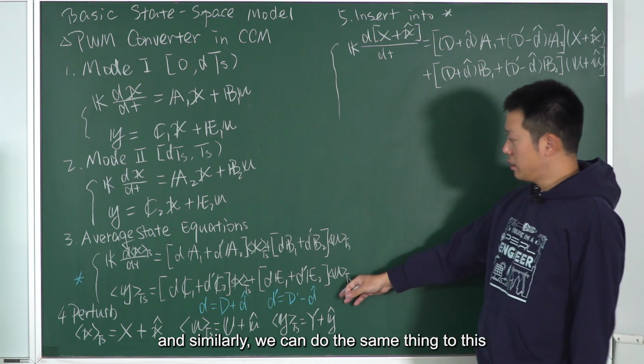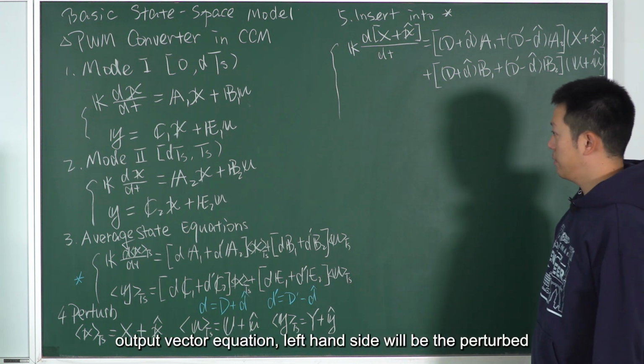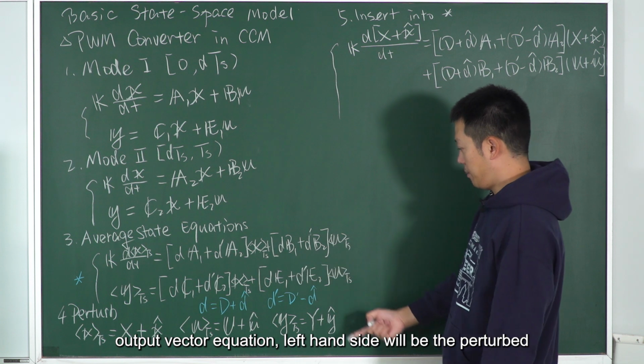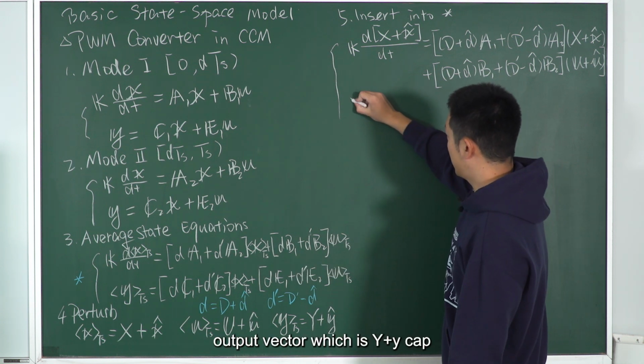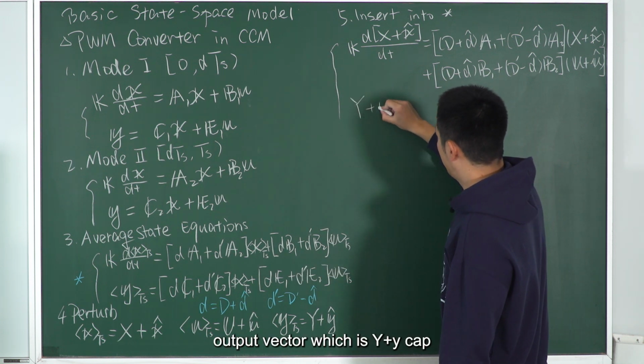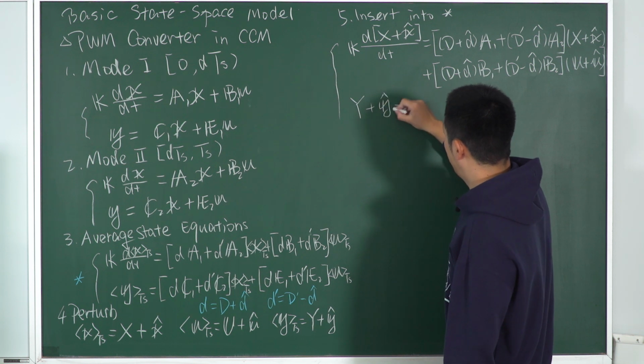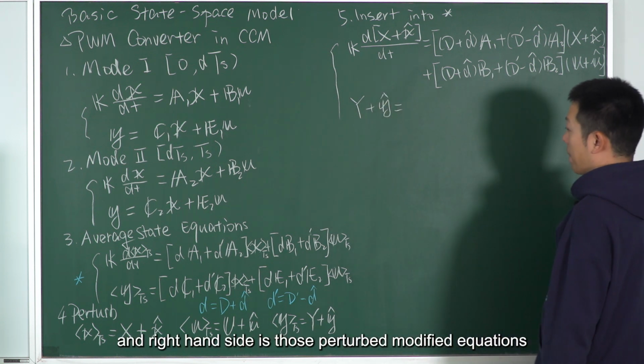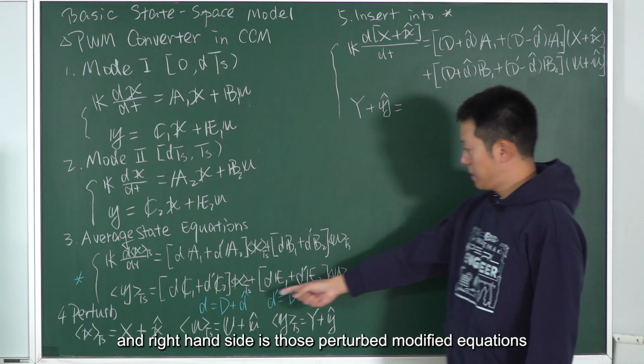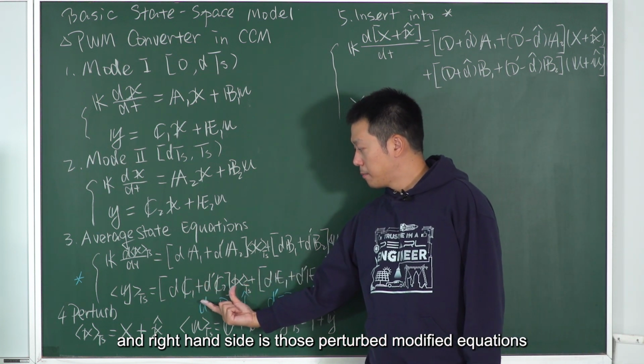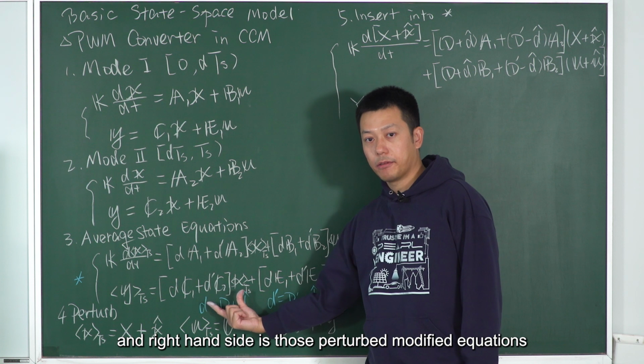And similarly, we can do the same thing to this output vector equation. Left-hand side will be the perturbed output vector, which is y plus y cap. And the right-hand side is those perturbed modified equations.